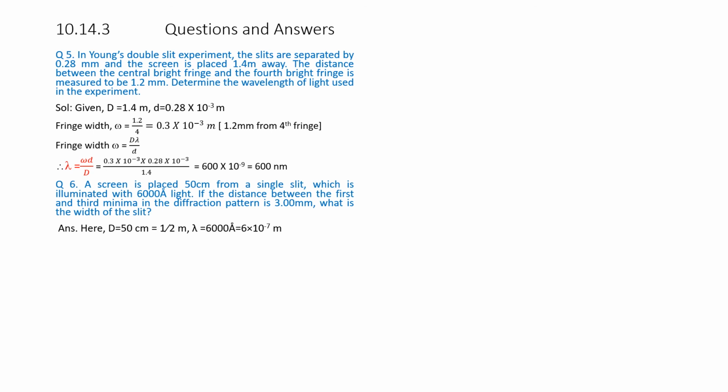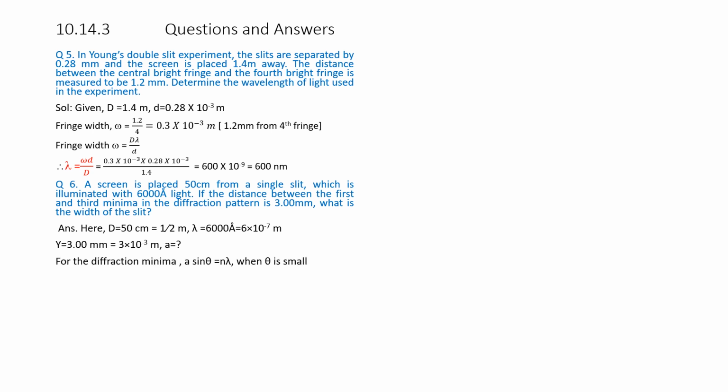Lambda is equal to 6000 Armstrong, that is equal to 6 into 10 to the power of minus 7. X is equal to 3 millimeter, that is equal to 3 into 10 to the power of minus 3 meters. So, we have to find the value of a.